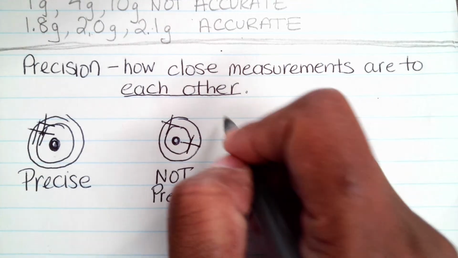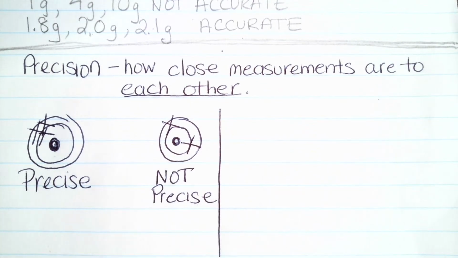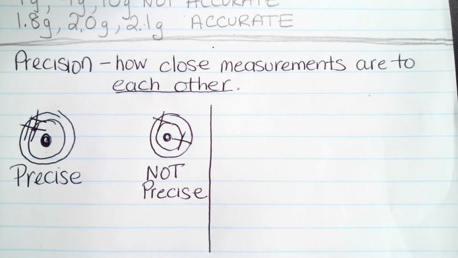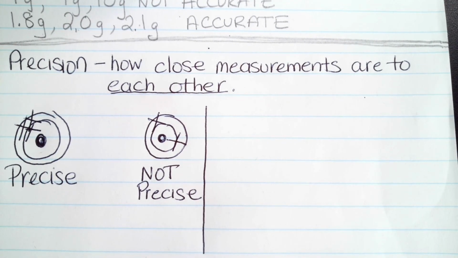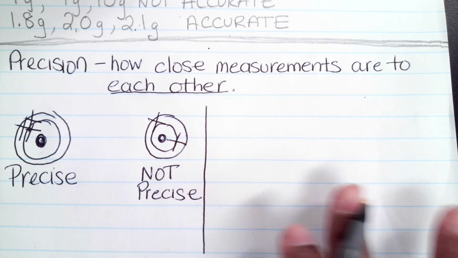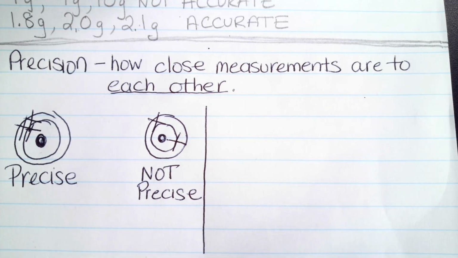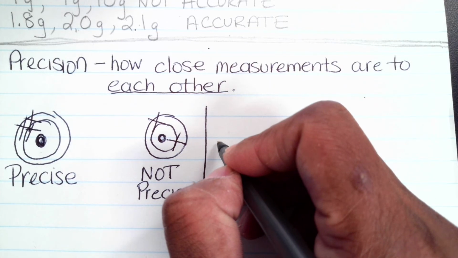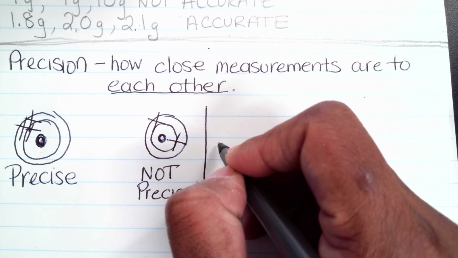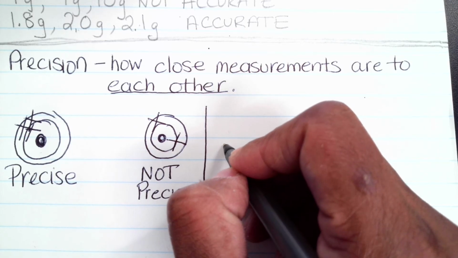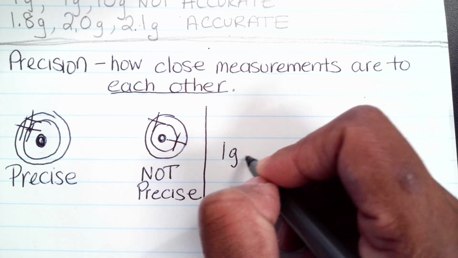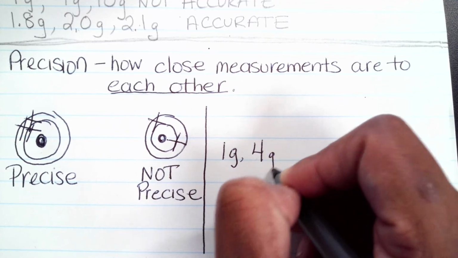I'm going to put a line on my paper. I'm going to do the math example over here. So now I'm going to write 2 sets of examples, and we're going to label one either precise or not precise. Let me know if I'm going too fast. I'm going to use the same numbers as the previous one.